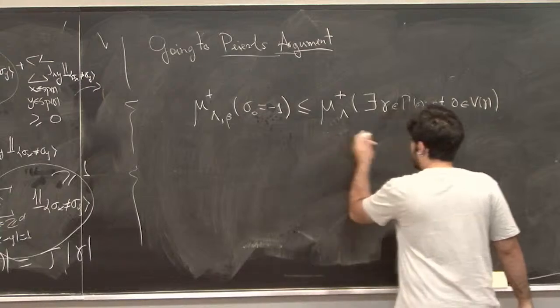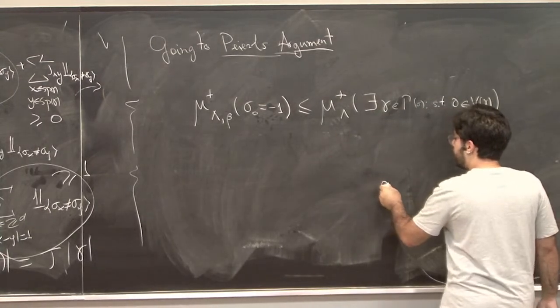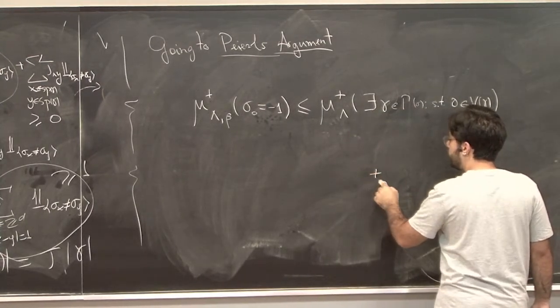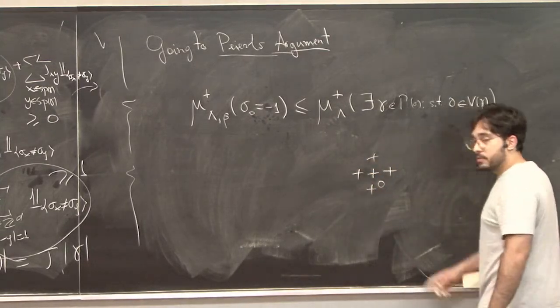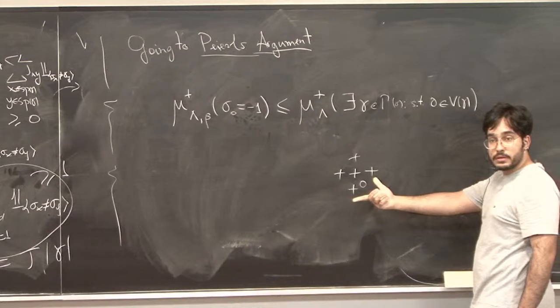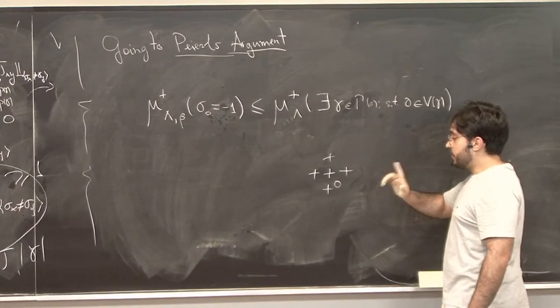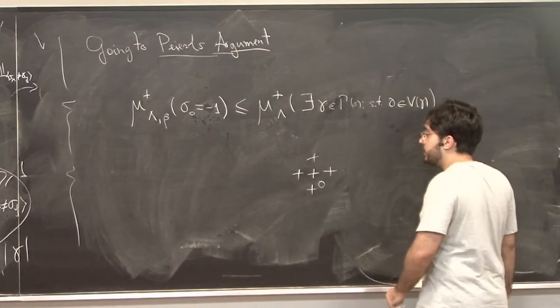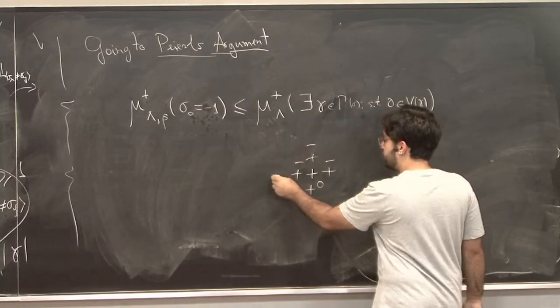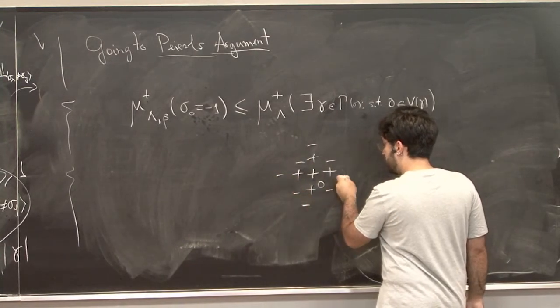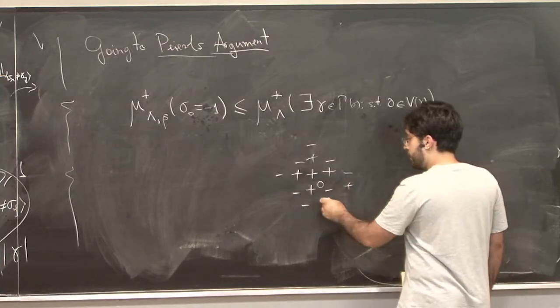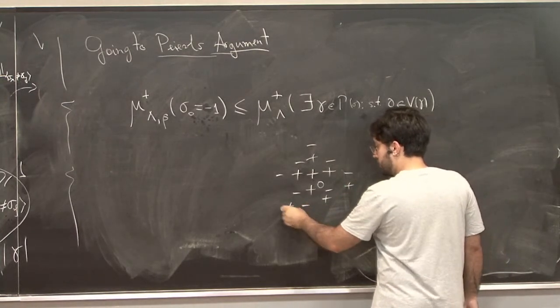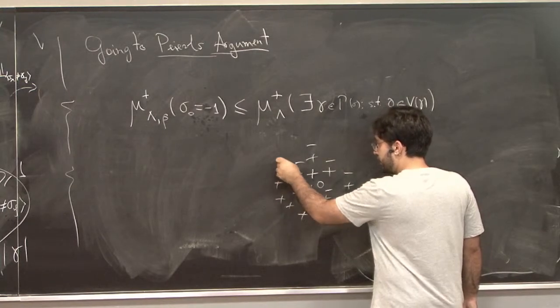I can have the following situation: 0 is plus, and I have plus everywhere around it, so 0 is a plus correct point. But then I have a shell of minus points here, and then I have plus everywhere.